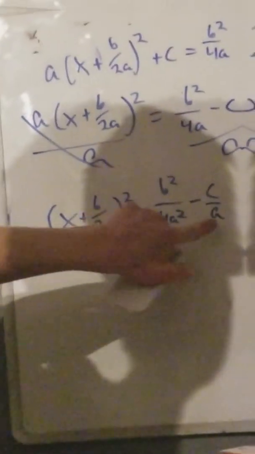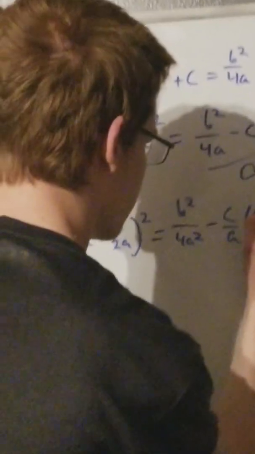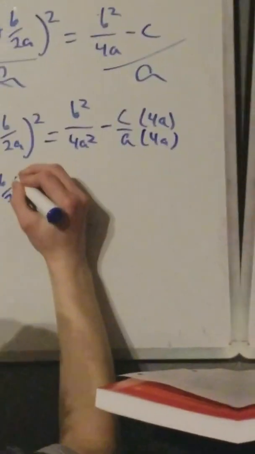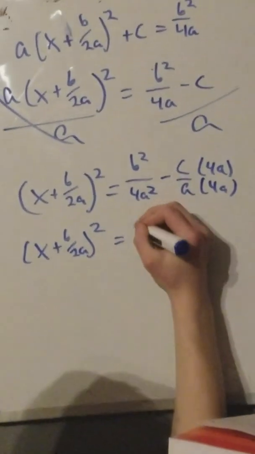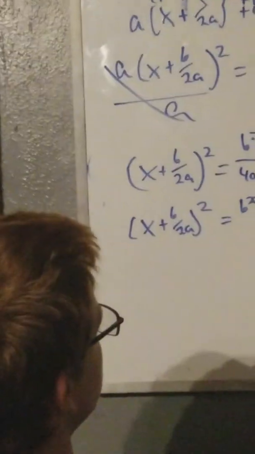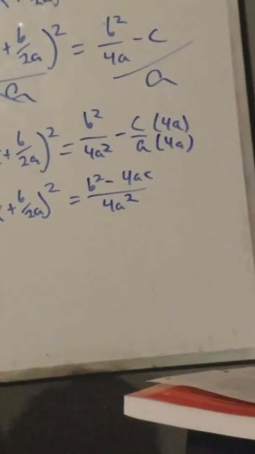How do we do that? We divide this by this, get 4a. So, 4a, 4a. Okay? x plus b over 2a squared equals b squared over, times this out, 4ac over 4a squared. This should look familiar, means we're close.